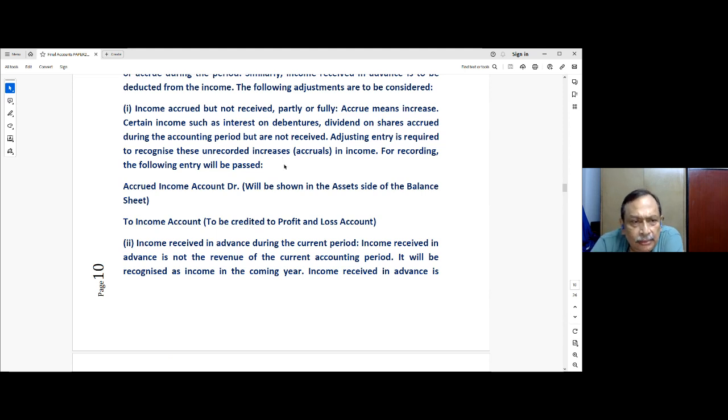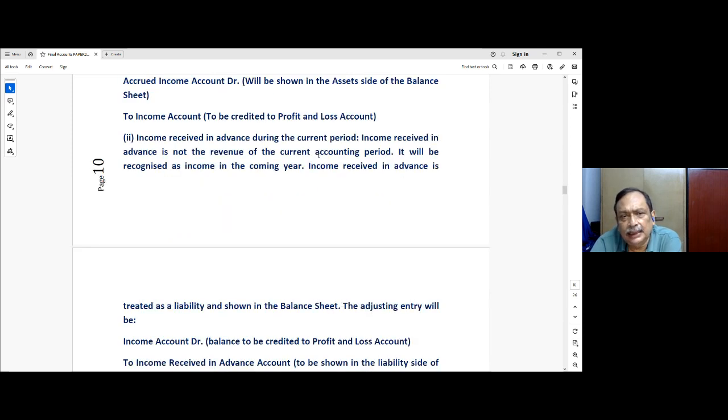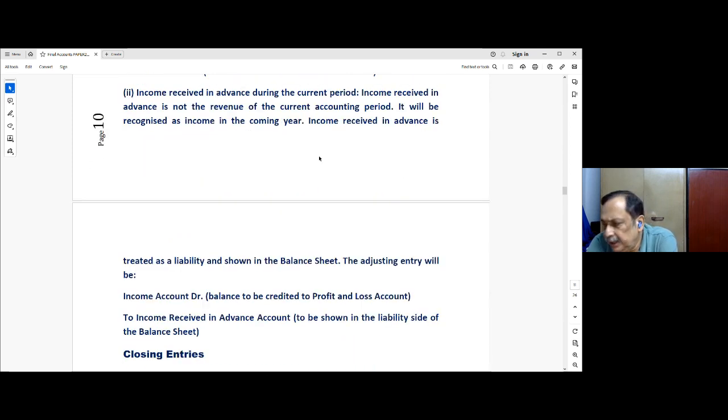Now, we are coming to the second type, that is income received in advance during the current period. Income received in advance is not the revenue of the current accounting period. It will be recognized as income in the coming year.